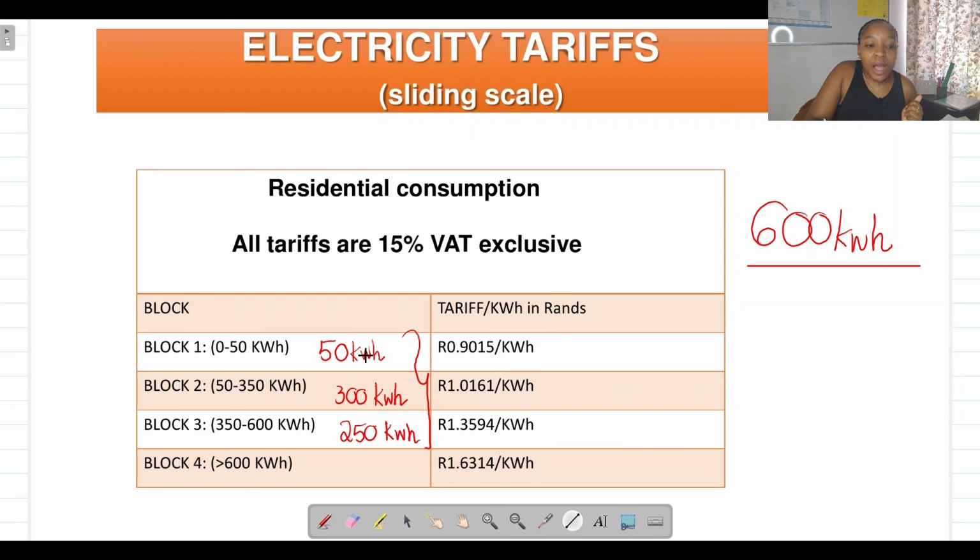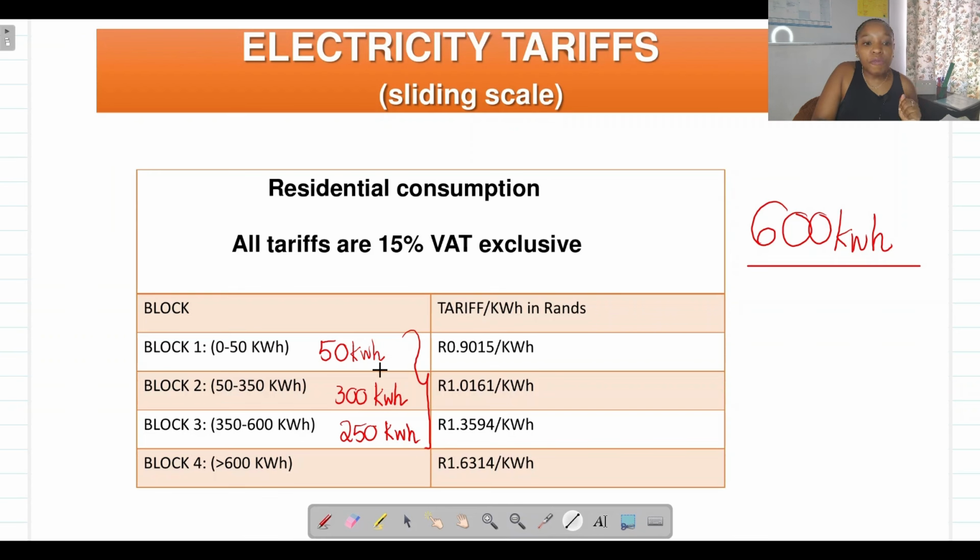We're going to say 50 kilowatt hours multiplied by 0.9015. Guys, very, very important: when you are multiplying your electricity units with your tariffs, do not do any rounding off. Do not round off your tariff.